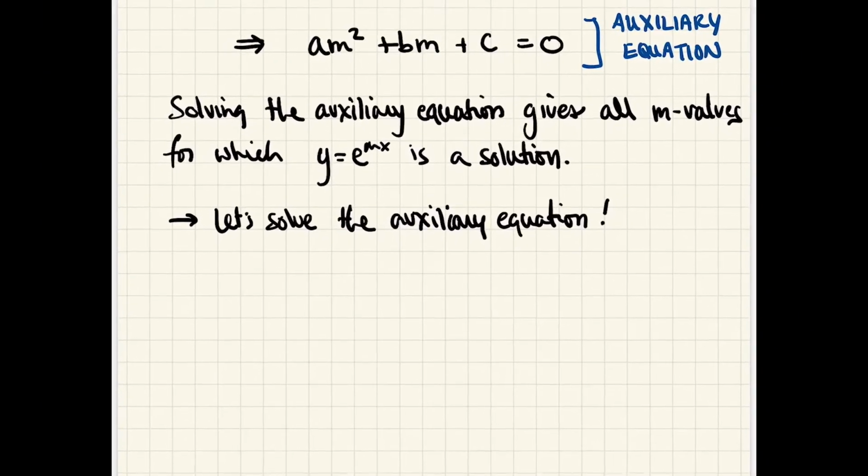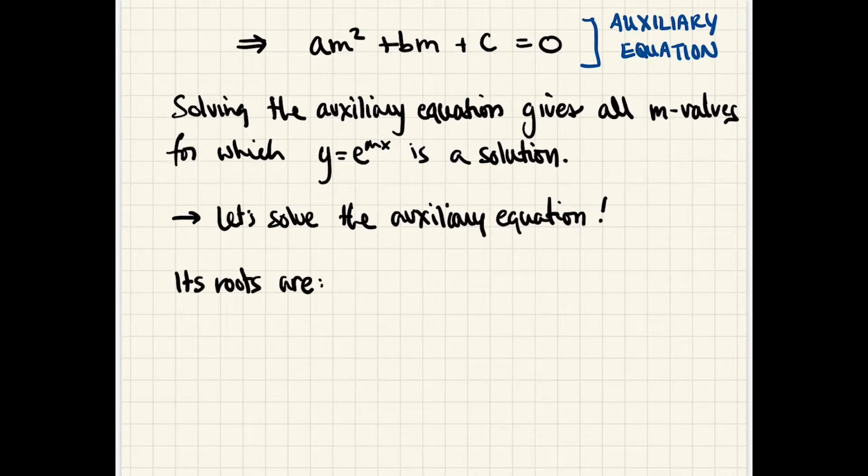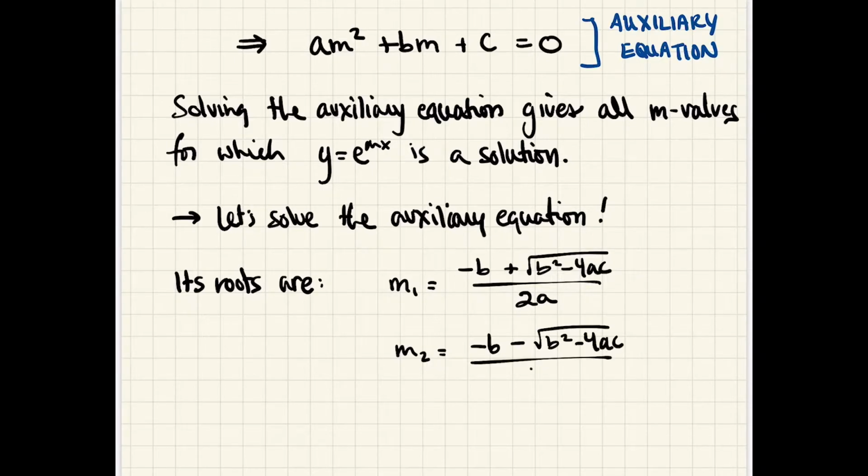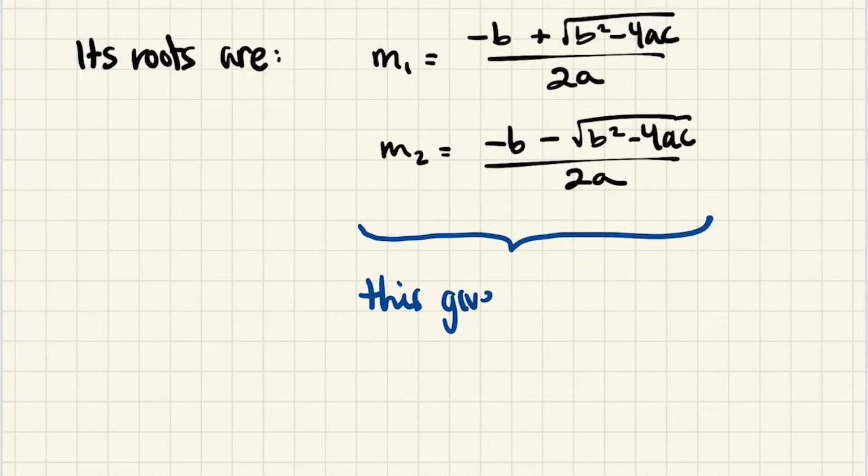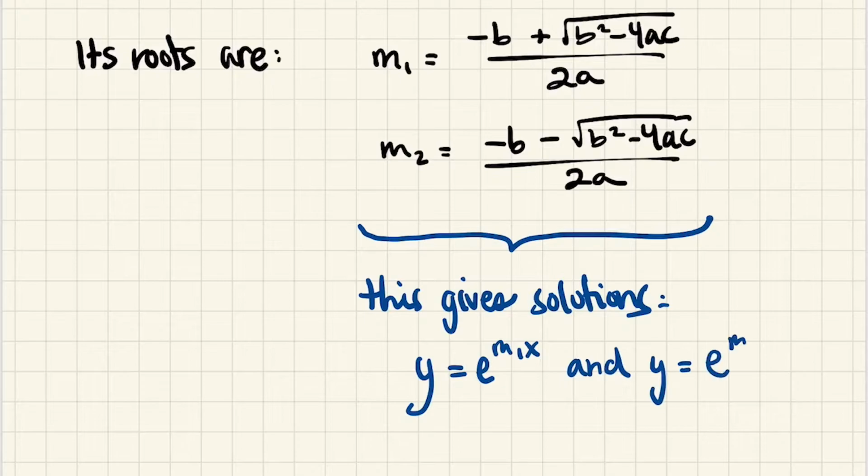So we know that its roots are m1 is equal to this, and m2 is equal to the conjugate of that. So this provides us with the solutions y equals e to the m1x and y equals e to the m2x to the original differential equation.